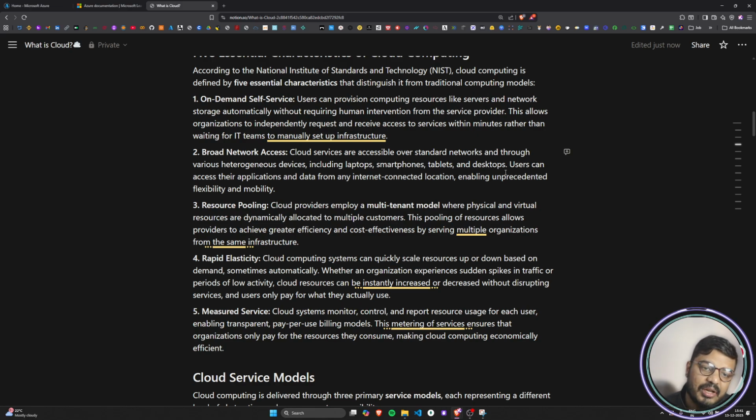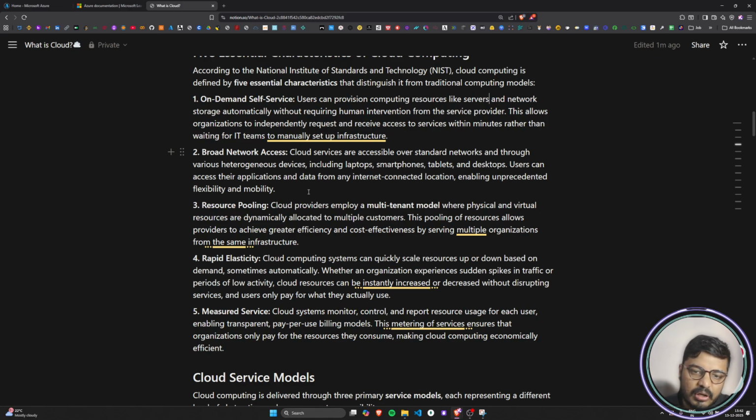So if we have an internet connection, I can access my cloud, my infrastructure, using any device, be it a laptop, smartphone, tablet or anything. You can access your network using any of the heterogeneous devices. Users can access their application and data from any internet connected location, enabling unprecedented flexibility and mobility.